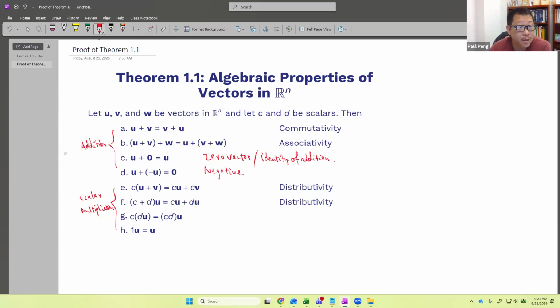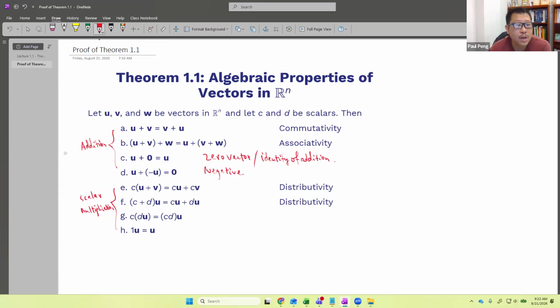scalars. G, so you can see c and d are 2 scalars. So we do have 2 operations. One is scalar multiplication of a vector. Another is c times d, the basic multiplication we learned, in the number field, the real field.